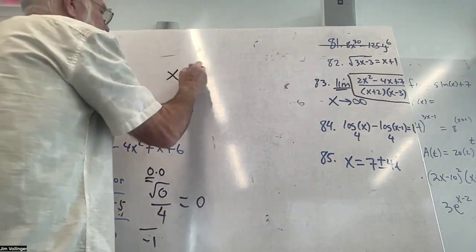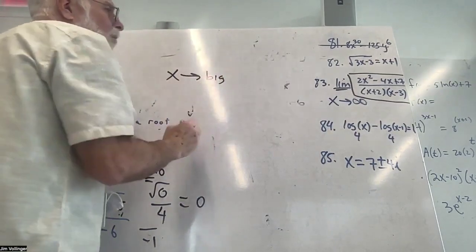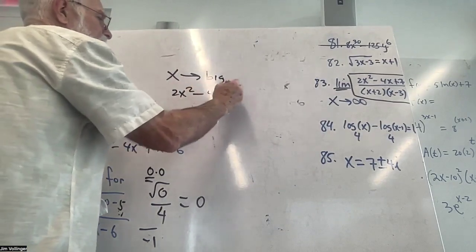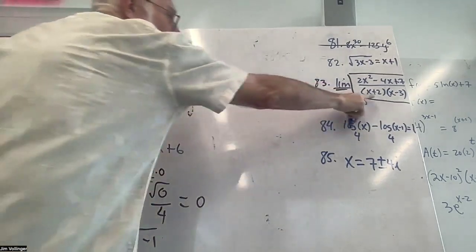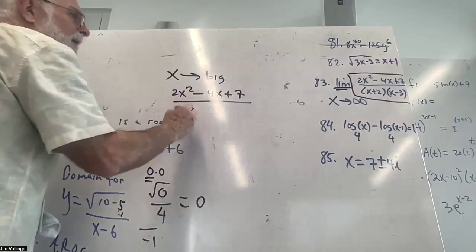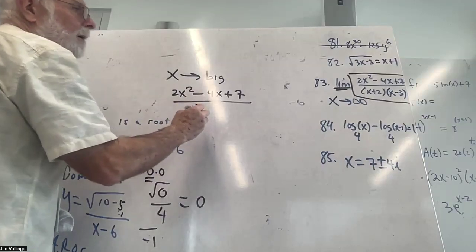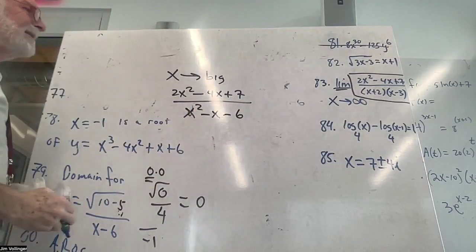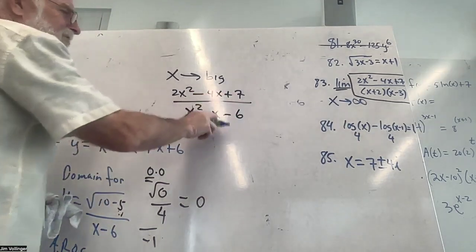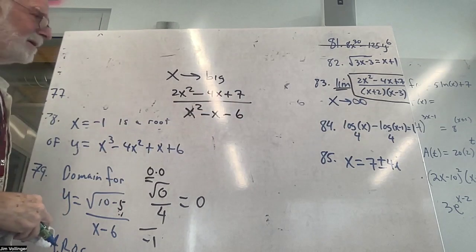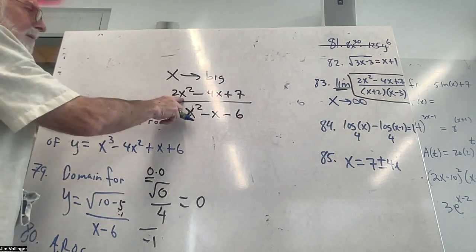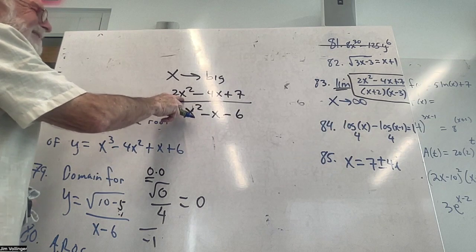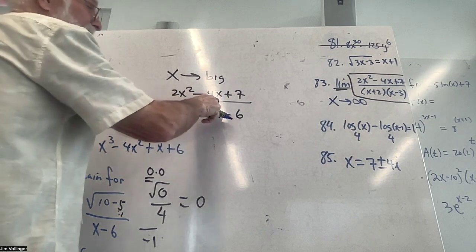So as x goes to big, what does 2x squared minus 4x plus 7 over, I'm going to multiply this out this time, x squared minus x plus minus 6. All right, so as x gets big, these terms drop out of the problem. I mean, take a billion, square a billion, 9 zeros, square 18 zeros. This still has 9 zeros.